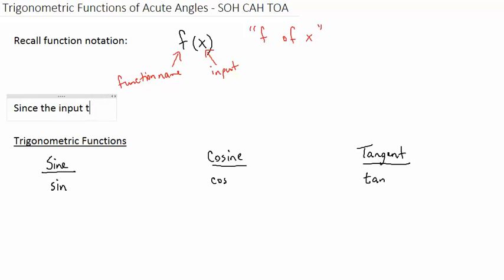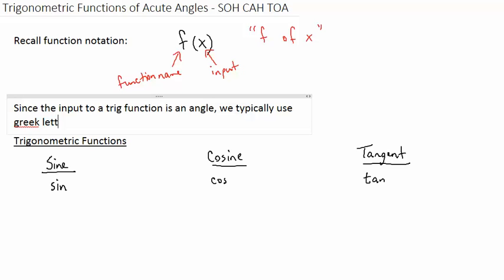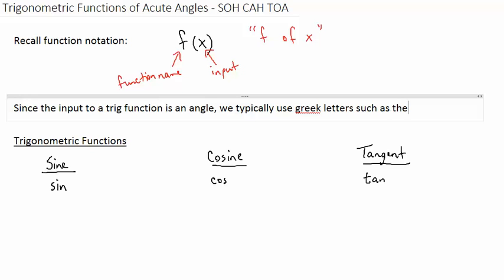Since the input to a trig function is an angle, we typically use Greek letters, such as theta, phi, alpha, or beta. Those are common Greek letters used for inputs to trig functions.